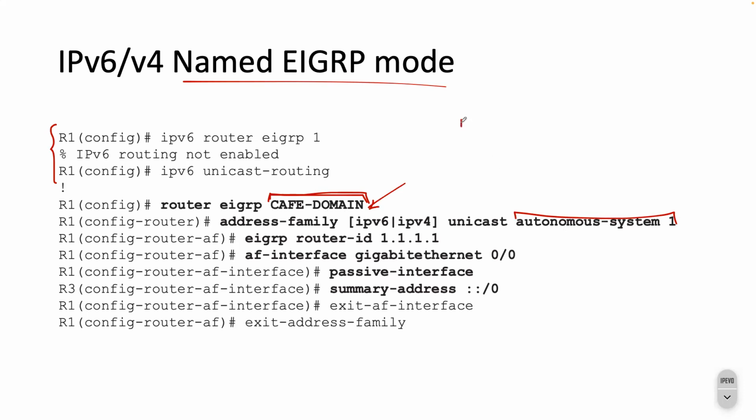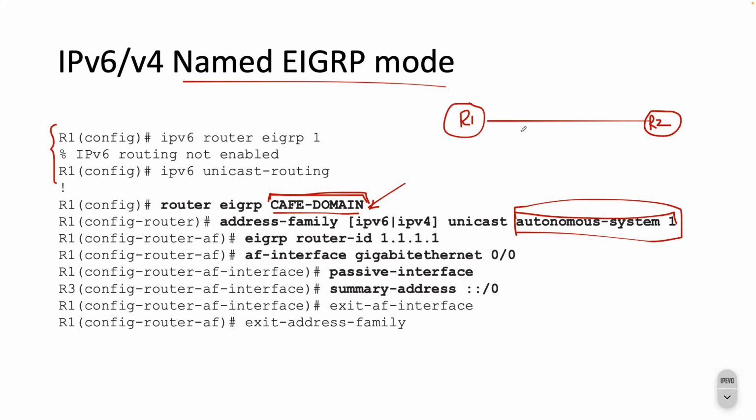Let's say R1 is connected to R2 and we are using named mode. This name is locally significant. It's not necessary to match the name between the two routers. However, the autonomous system number should match in order to form your neighborship.